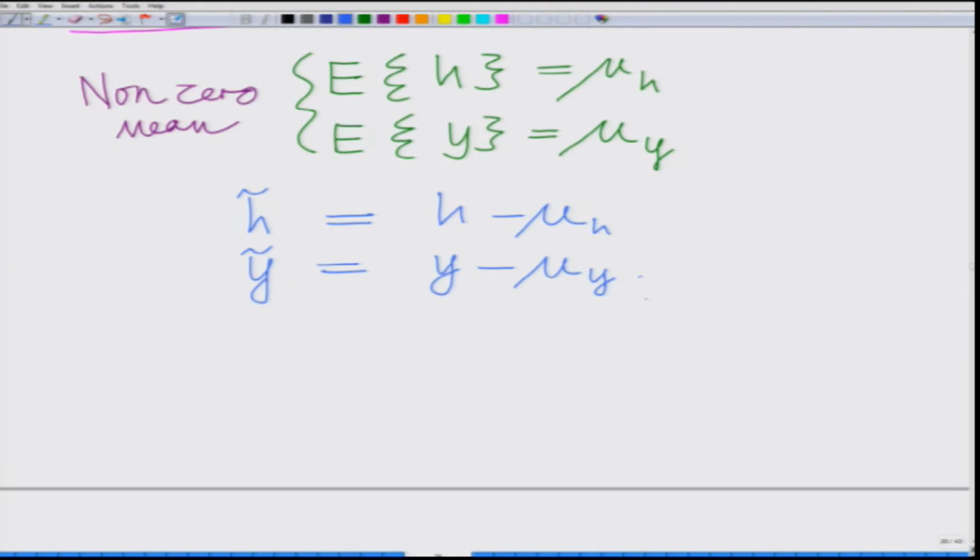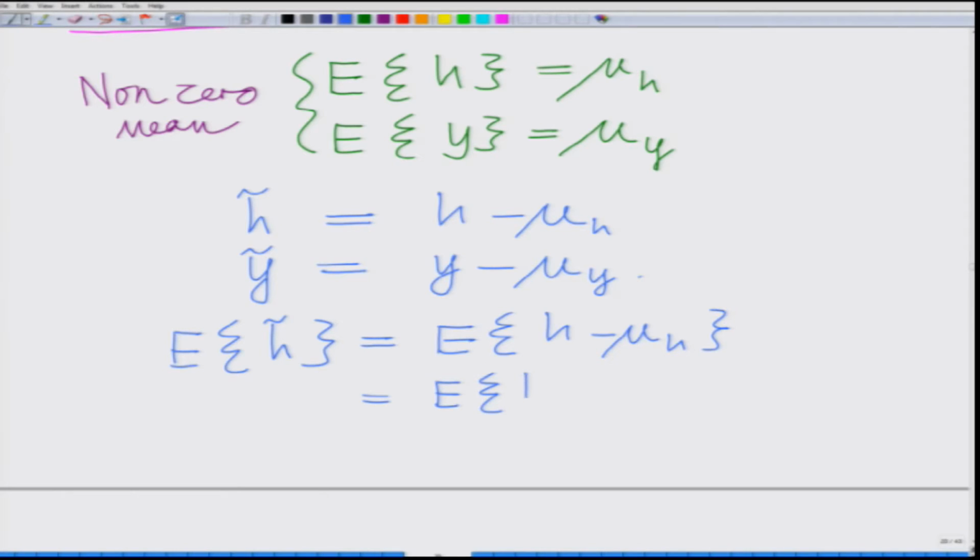That naturally follows because expected value of h tilde equals expected value of h minus mu h, which is equal to 0.